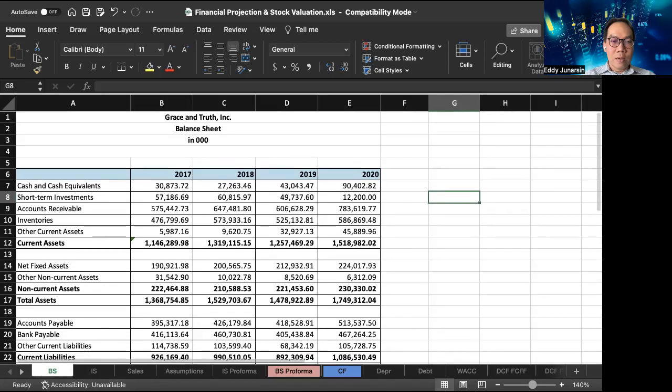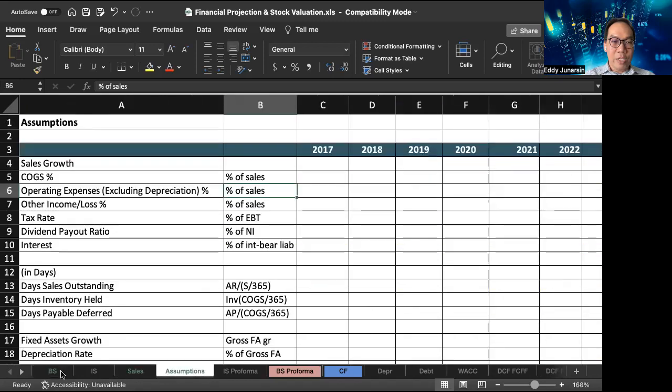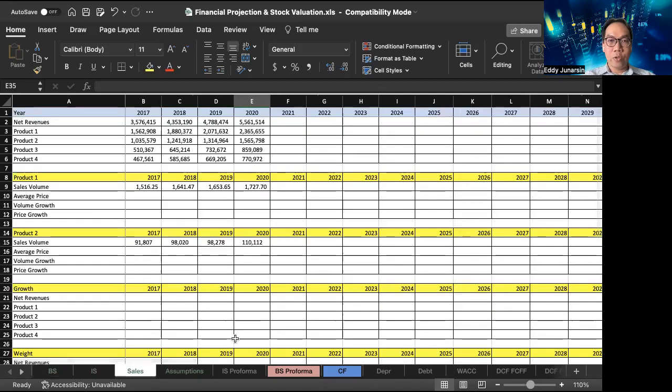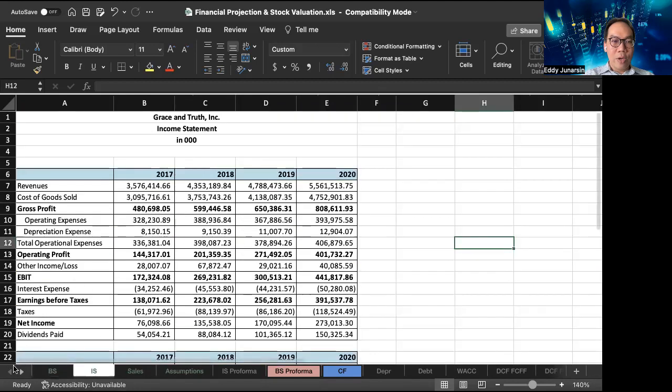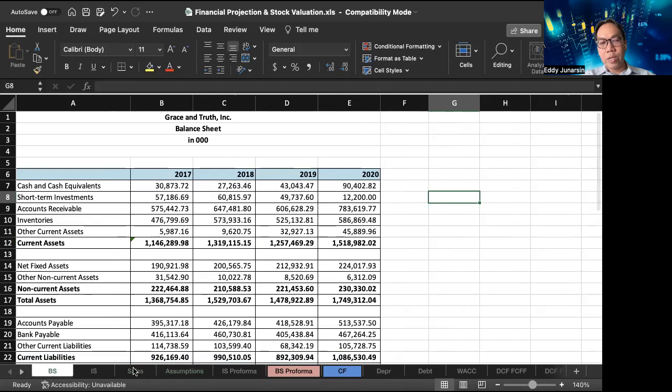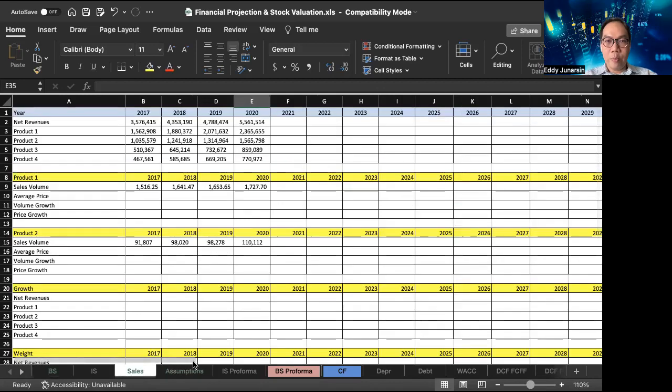So I have prepared many sheets to make it easier for you to learn, to see this simple example. So again, if we have an income statement and balance sheet and cash flow statement from the past, and we want to make a projection, then again, the first item to estimate or project would be the revenues.